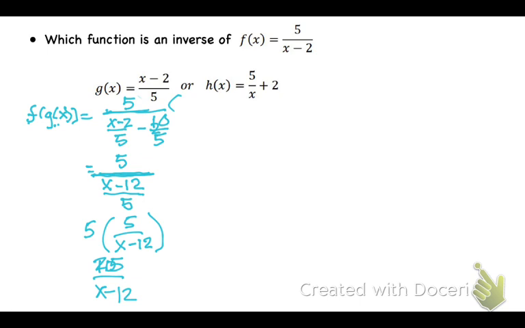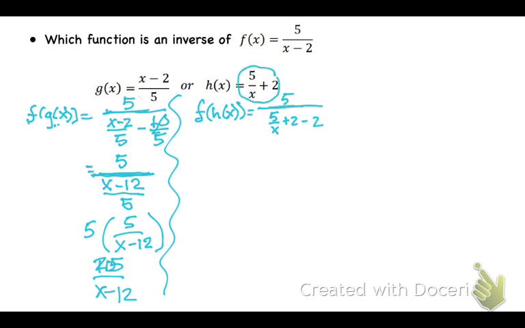We're going to do f of h of x. So we have 5 over 5 over x plus 2, minus 2. Correct? Because I put this whole thing in for that x. Okay, so I'm going to erase this now.